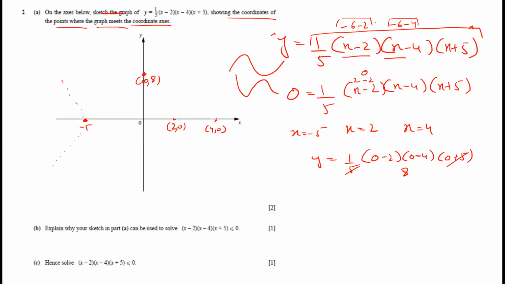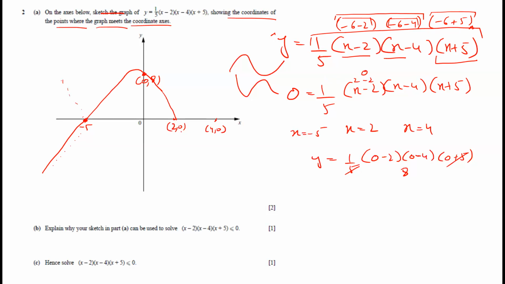Negative multiplied by negative gives a positive number. But minus 6 plus 5 is a negative number. So if x is less than minus 5, meaning minus 6, minus 7, minus 8, then the graph will be coming from underneath. Then the graph will come up and intercept the x-axis from here.